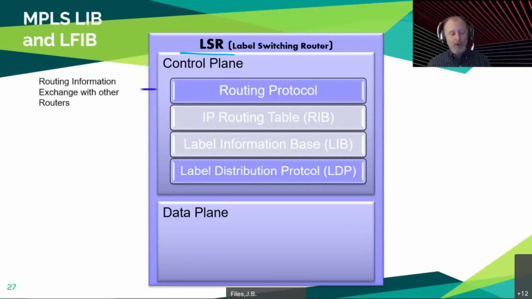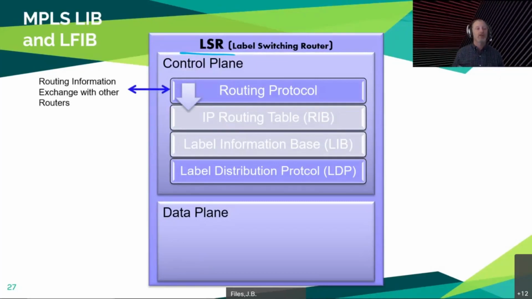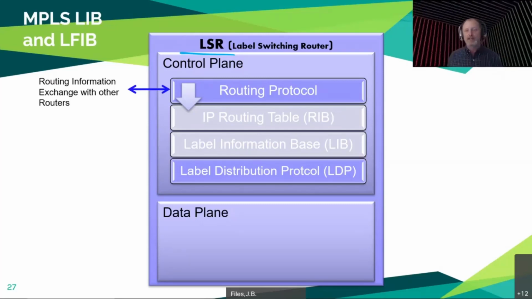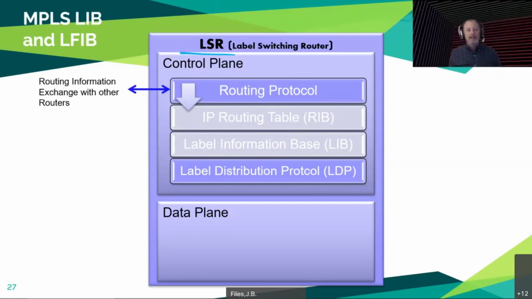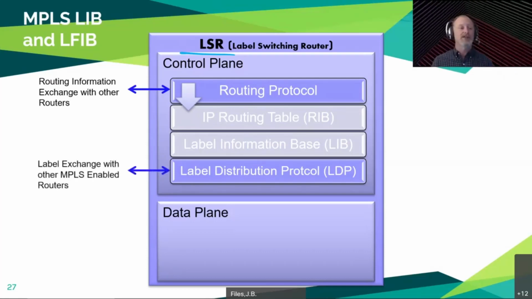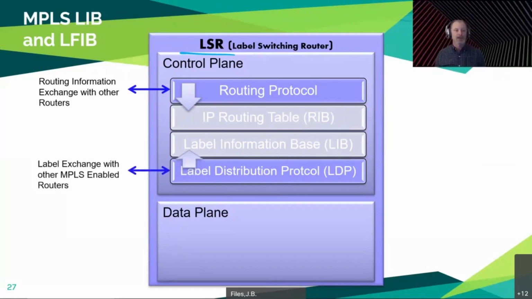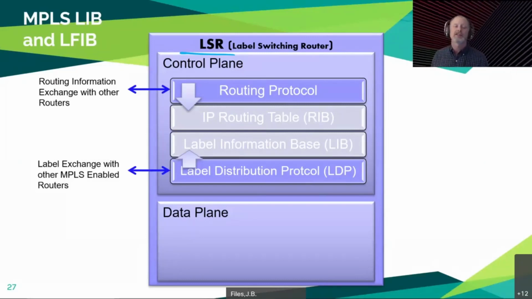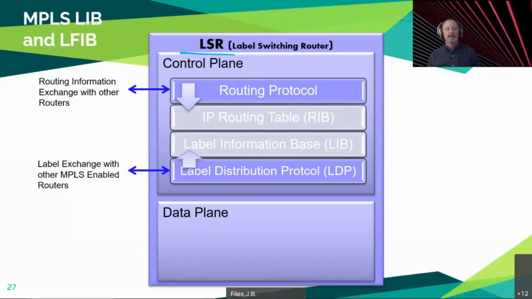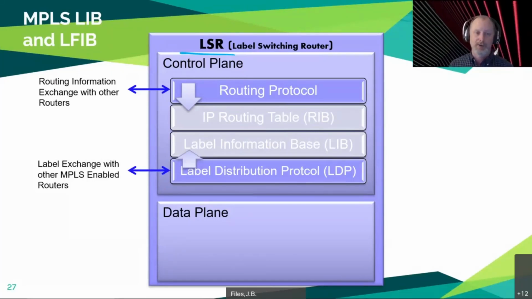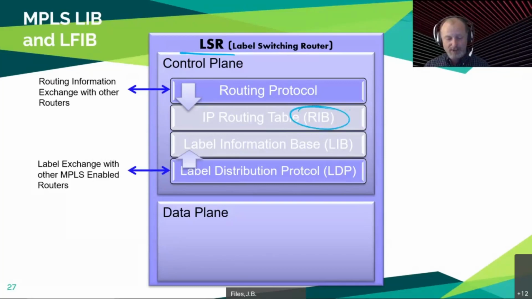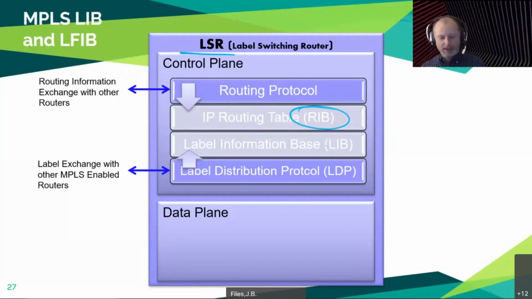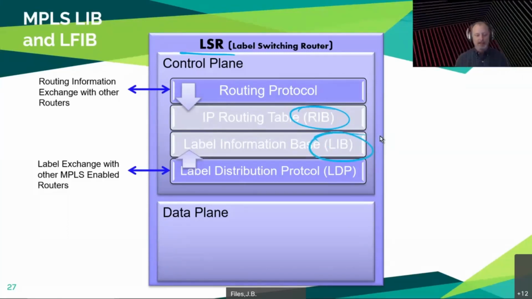The routing protocol is going to exchange routing information with other routers, and it's going to take the information that it learns and put it in the IP routing table. The label distribution protocol is going to exchange label information with other MPLS routers, and that is going to populate the label information base, just like the routing protocol populated the routing information base, or the routing table. So the routing table is the RIB, routing information base. The label table, I guess you could call it, is the label information base. So that's at the control plane.